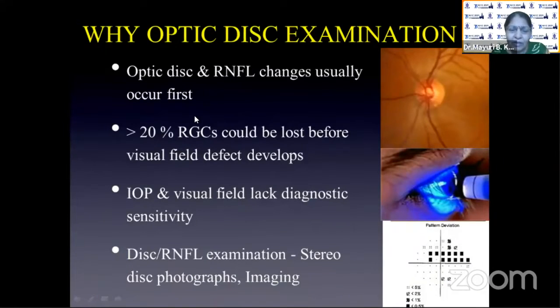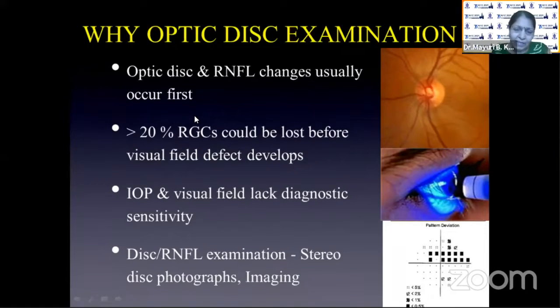The optic nerve and RNFL changes usually occur first, and more than 20% of the retinal ganglion cells could be lost before visual field defects develop. And intraocular pressure and visual fields, like diagnostic sensitivity, have a lot of variations. That's why disc and RNFL changes are a very important part.